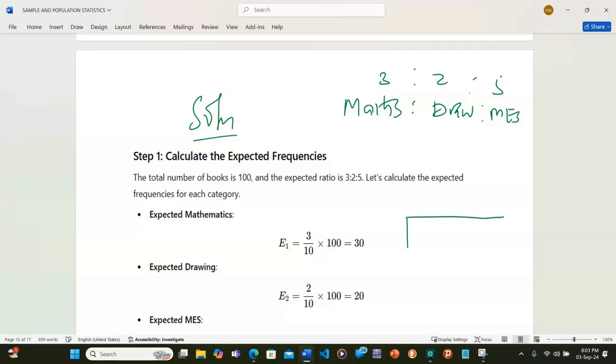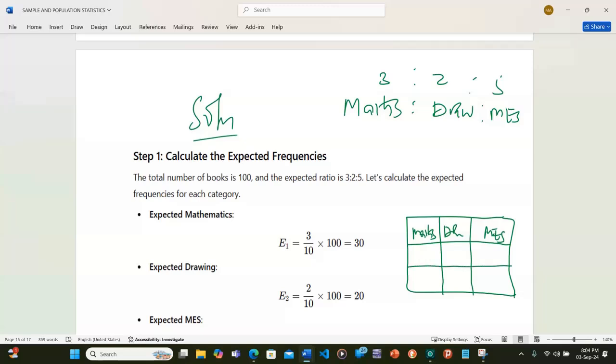So this is what we are going to do. We are going to draw our table here and put our math, drawing, and mechanical engineering.